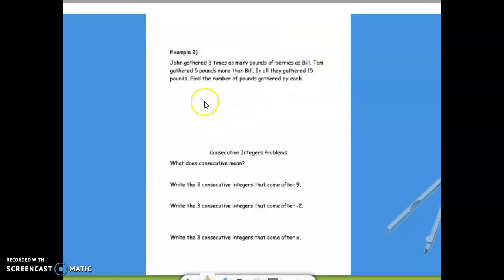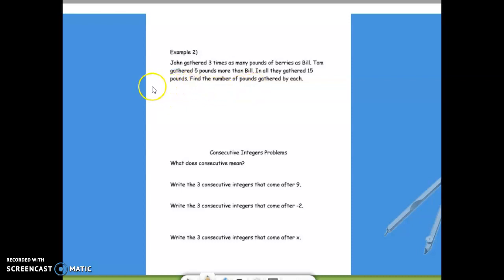All right, this is a more involved problem. So we have John gathered 3 times as many pounds of berries as Bill. Tom gathered 5 more pounds than Bill. Okay, so the first thing I want to do is I want to define, I've got 3 different people here, right?